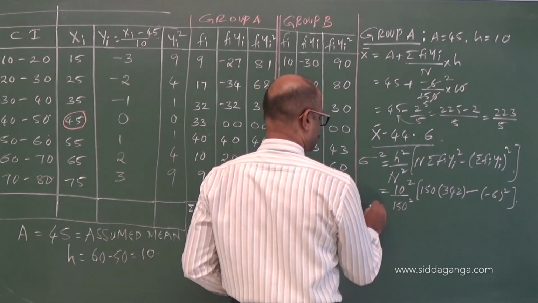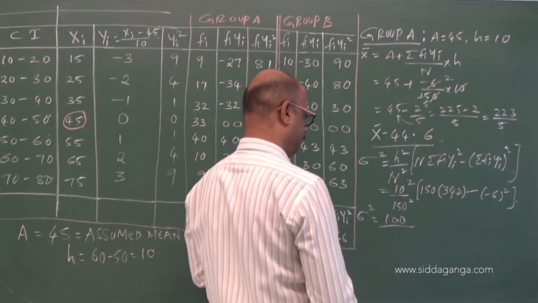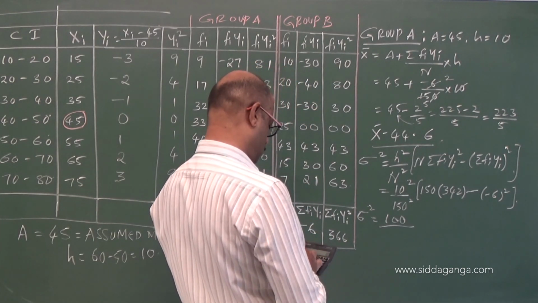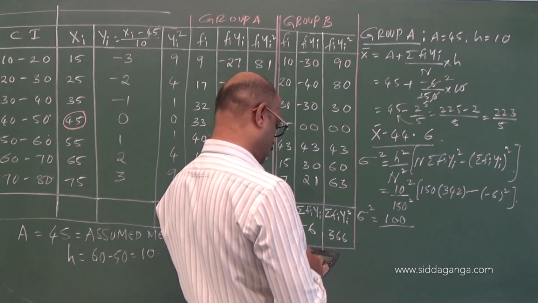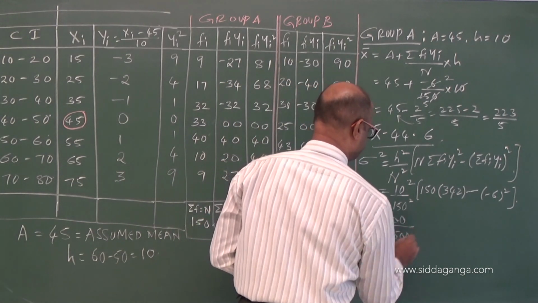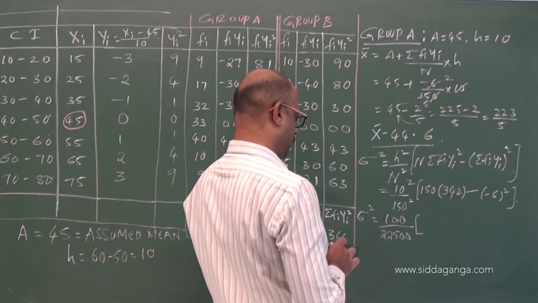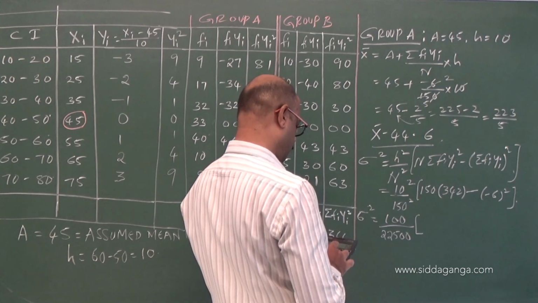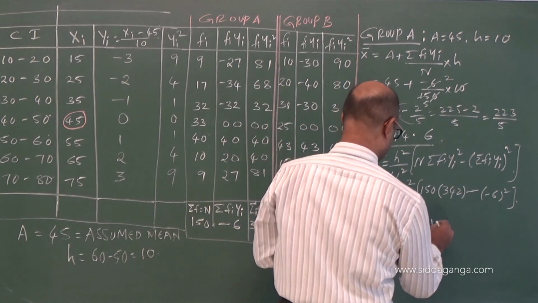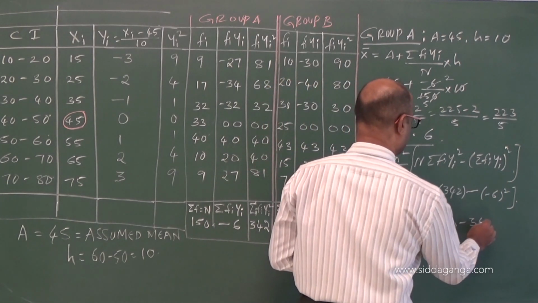So here sigma square is equal to 10 square, which means 100, divided by 15 into 15, you will get 225 with the double zeros. And next is 150 into 342. 342 gives 51,300, minus 6 square becomes positive, you will get 36.